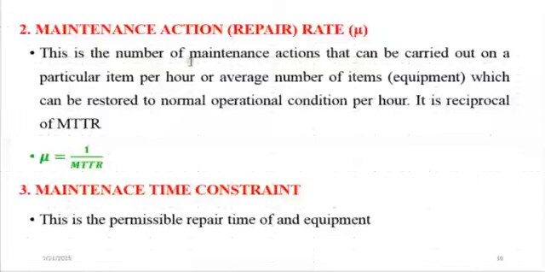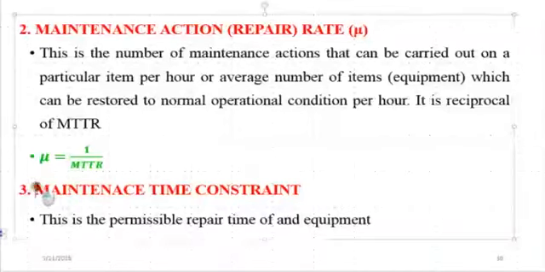This represents the number of maintenance actions that can be carried out on any particular item per hour, or the average number of items or equipment which can be restored back to normal operation after they have failed within an hour. This maintenance action rate is the reciprocal of the mean time to repair. Mu is equal to 1 over MTTR.